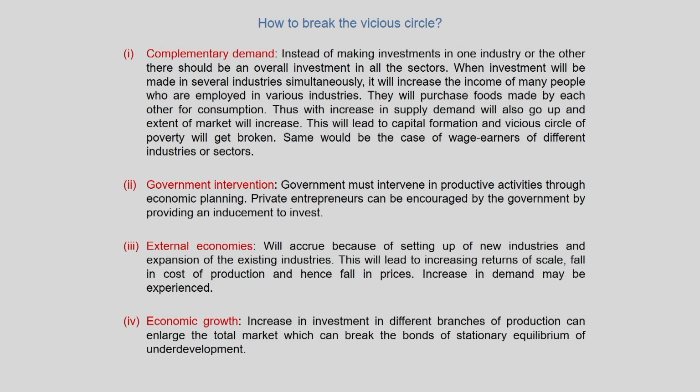So he was proposing complementarities of industry as the crux of the balanced growth doctrine. If there are a number of industries, and of course there are a lot of assumptions that have gone into the identification of these industries, these industries should be such that they have increasing returns to scale, and there are a lot of external economies that arise out of them.